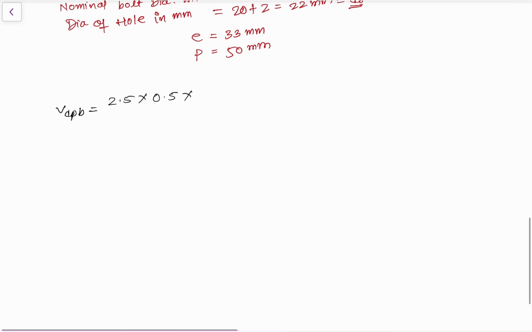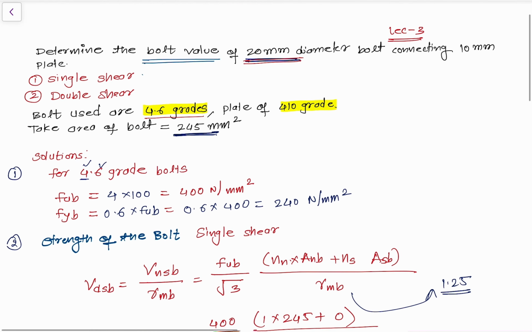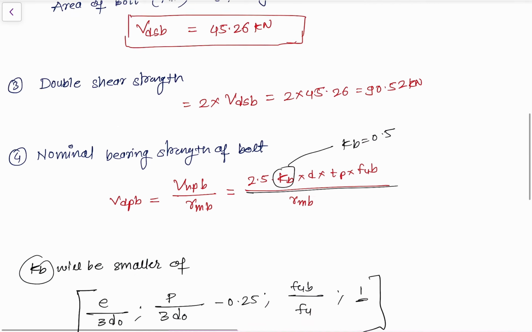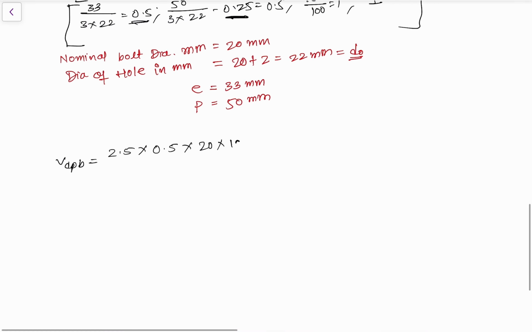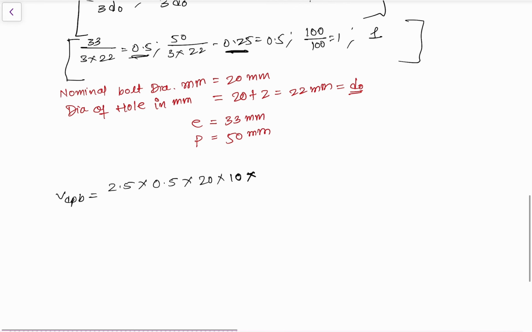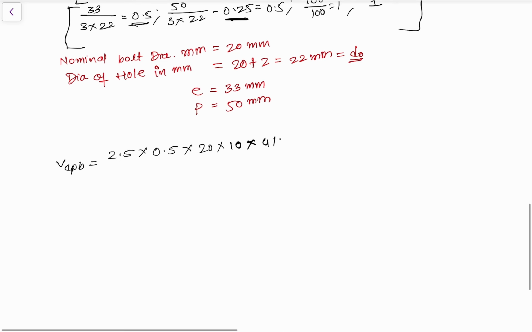The D value we already know is 20. TP is the thickness of the connected plates, which is already provided over here, 10 mm. So TP equals 10 mm, multiplied by FUB, which we already have, 410.